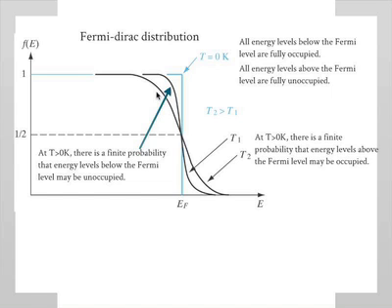So 1 minus F of E is the probability that the electron does not exist. It can either exist or not exist. Only two choices. Yeah? This is equivalent to saying there is a hole at that energy level. Right? Because there's no electron. Absence of an electron is a hole. So what this is saying is that at greater than 0 Kelvin, there is a finite probability that you can have holes at that energy level.